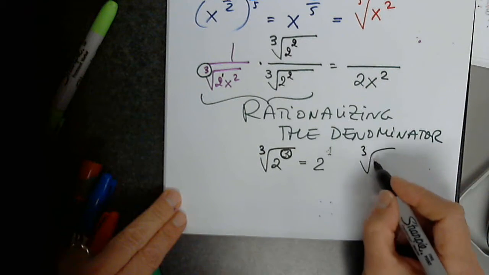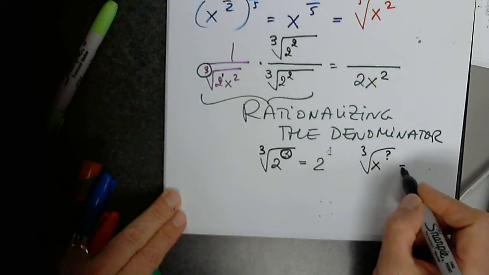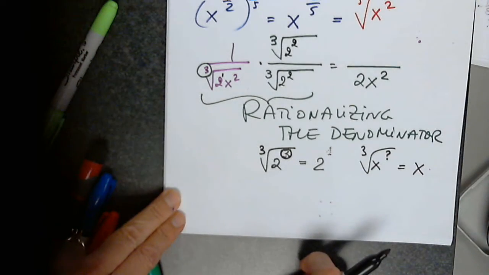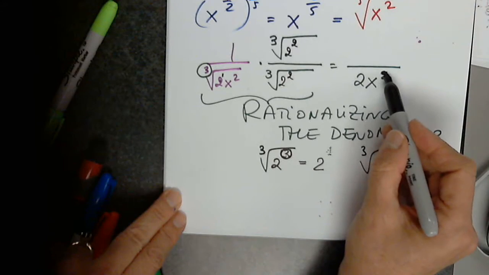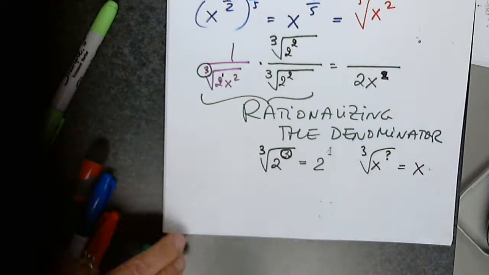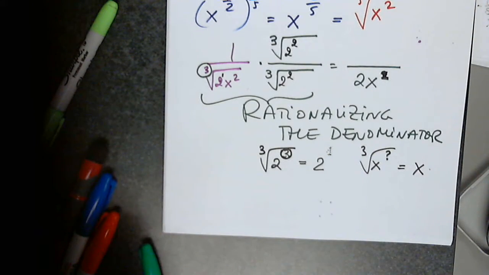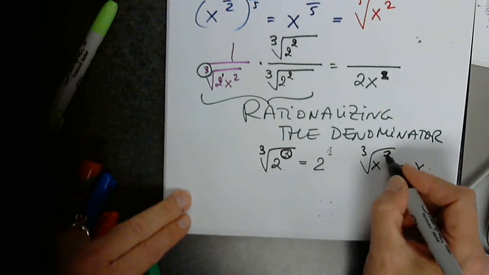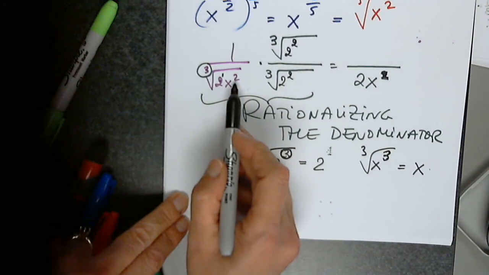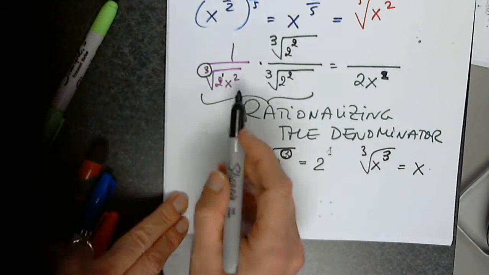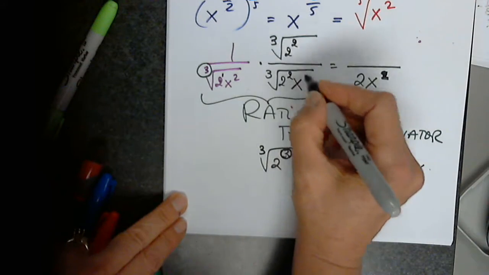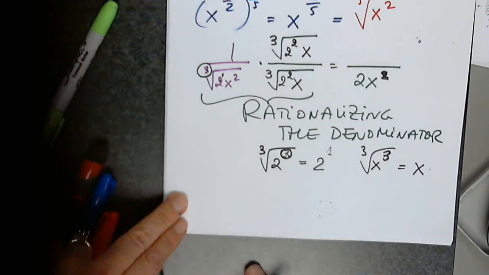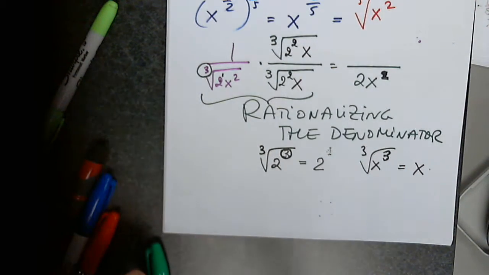The cube root of x to which power will be clearly x? Since I don't really need to go that far, so just 2x. So what power? Of course 3, right? How many x's do I have? 2. How many am I missing or should I have extra? Exactly 1. That's the process of rationalizing.